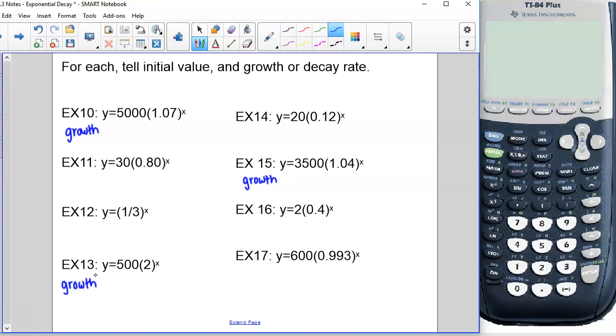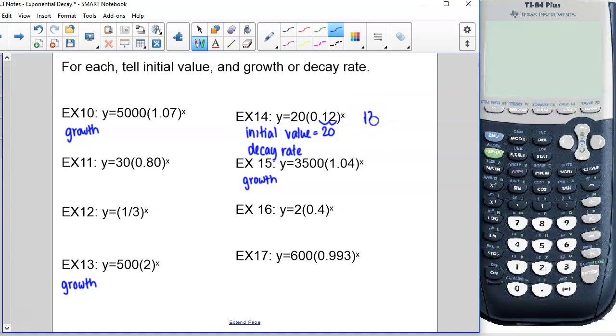All right, so what I want you to do now is go through and tell me initial value and your growth or decay rate. We've already done one. For example, number 14, initial value, what is it, Aiden? Okay, and in this case, it's a decay rate. You do the same thing that you did with the growth rate. You're going to move that decimal 2 places.